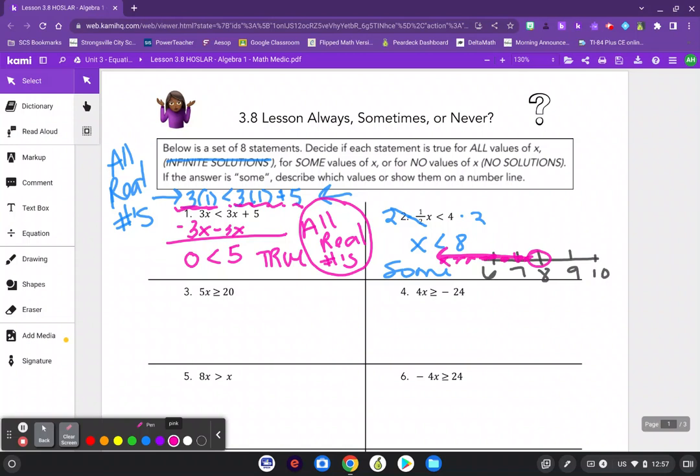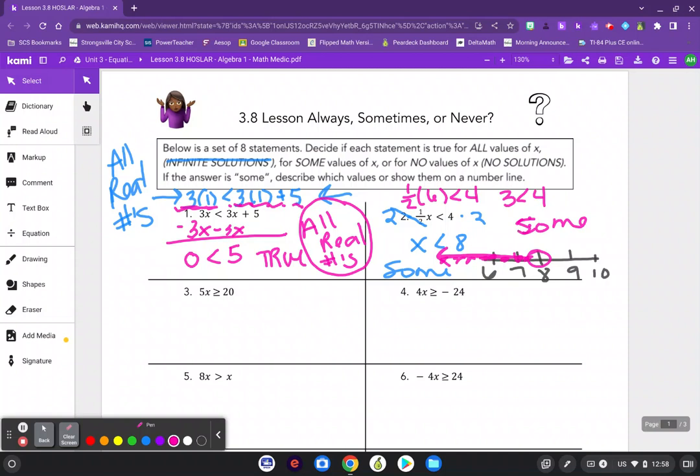I could substitute in, for example, 6. For x, half of 6 is 3, and so yeah, 3 is less than 4. So it's only true for some solutions, and the solutions that it's true for are any numbers that are less than 8.